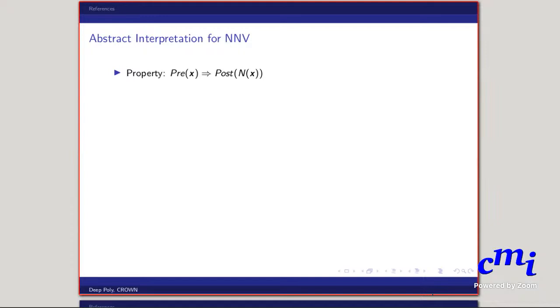For the people who have seen abstract interpretation before, I am not going to use the language of Galois connections, on purpose. Instead I'm going to present it in a more high-level, intuitive way that gives you everything you need to understand what is going on inside Deep Poly.